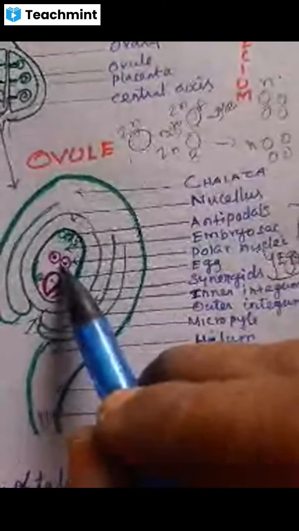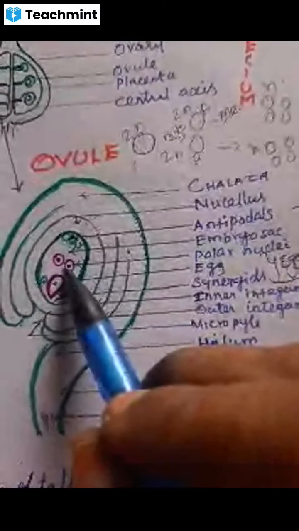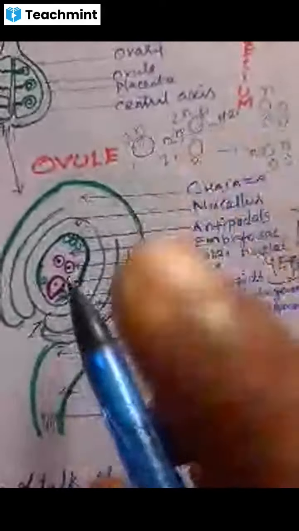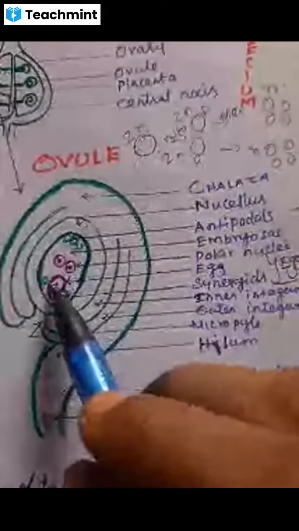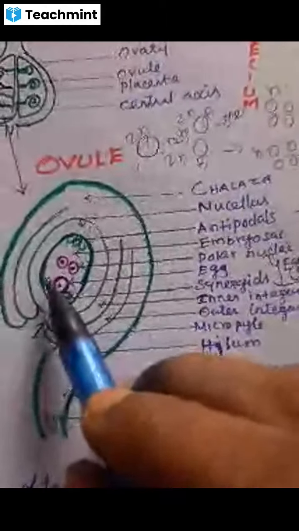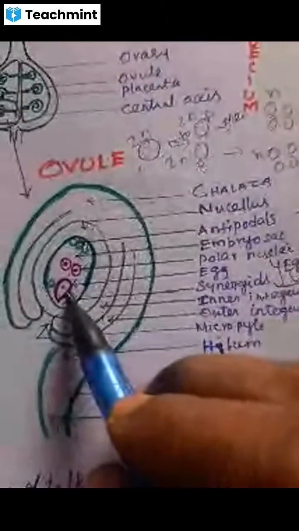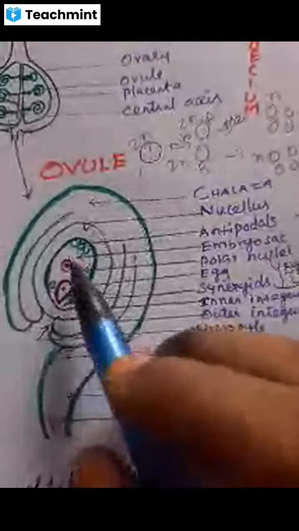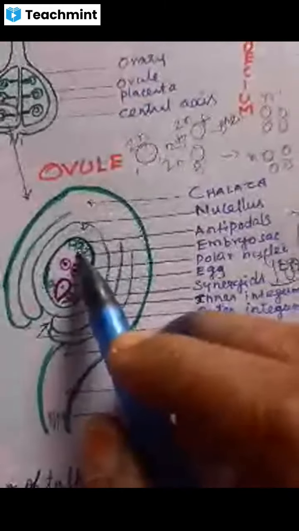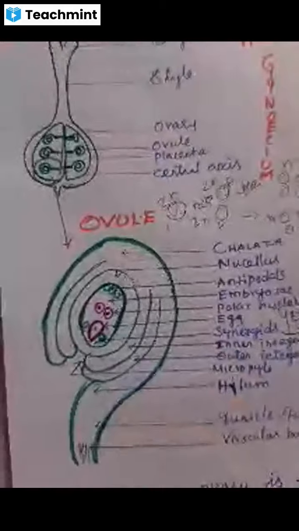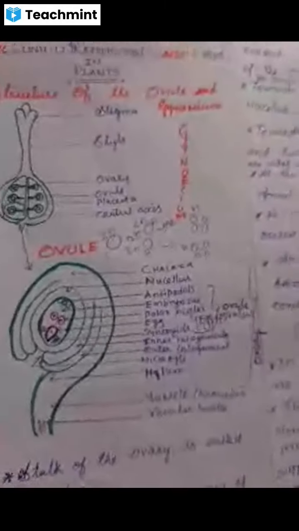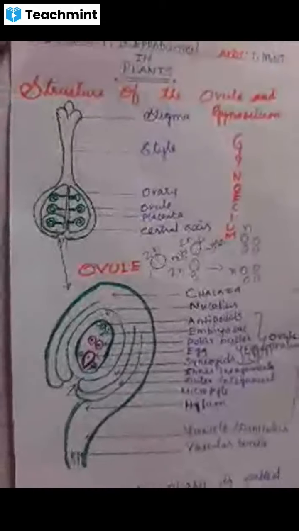So they are an 8-nucleated structure as well as 7-celled. The embryo sac itself is 1 cell. Inside the cell there are 2 synergids and 1 egg. Totally 4 cells are there and 3 antipodals. 4 plus 3, the 7-cell stage. They are in the ovule, 8 nucleated and 7 celled.